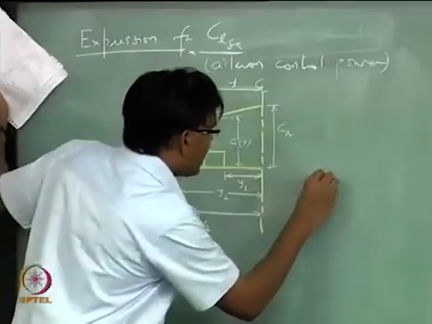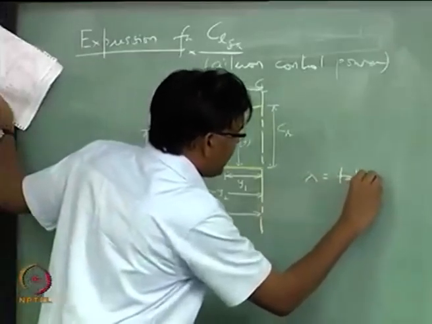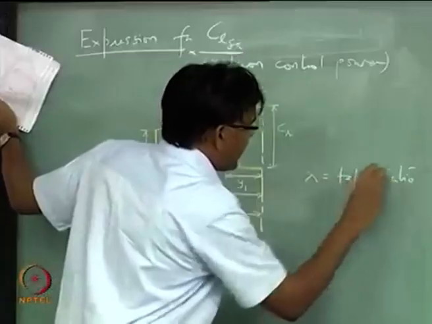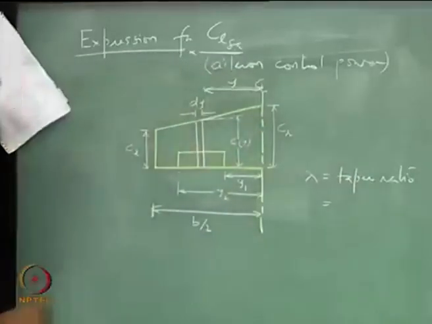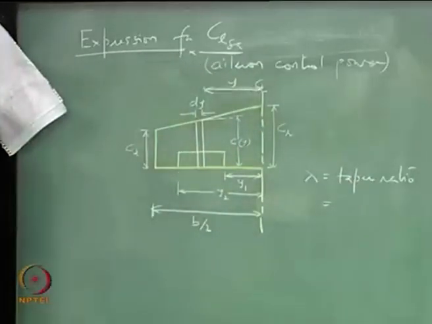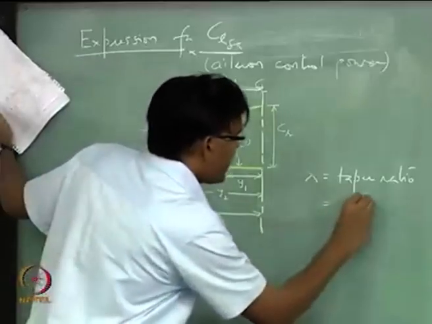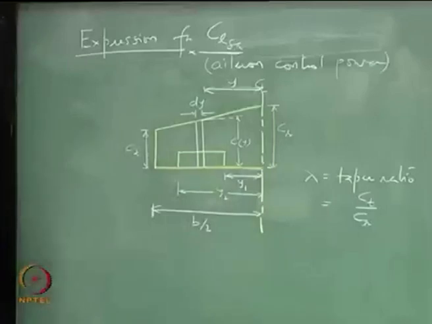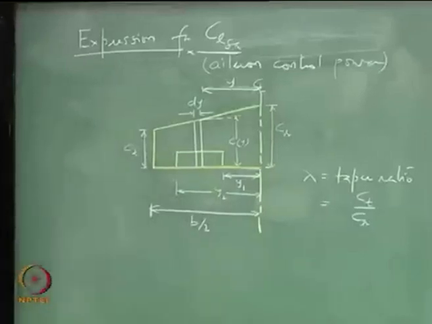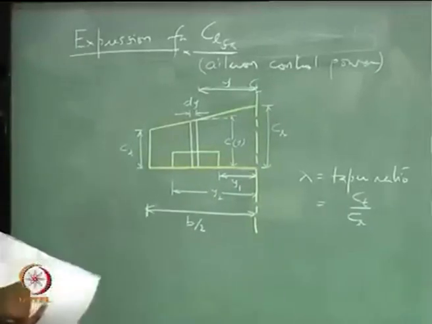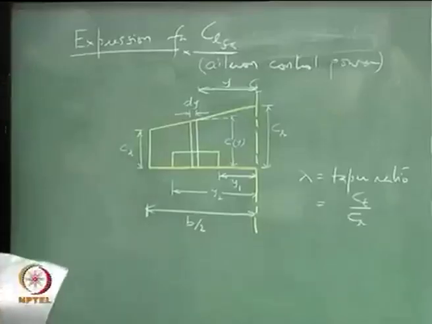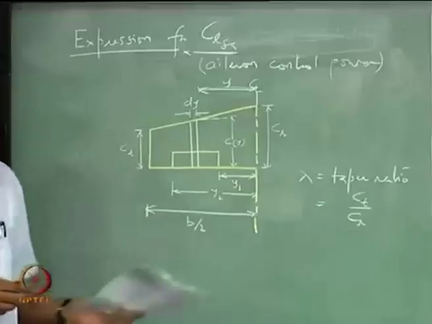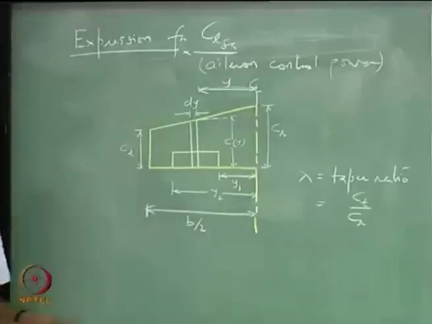So, you can write down an expression for the taper ratio, which is Ct over Cr, right. What is Cy? We can find an expression for Cy in terms of Ct, Cr and the taper ratio.